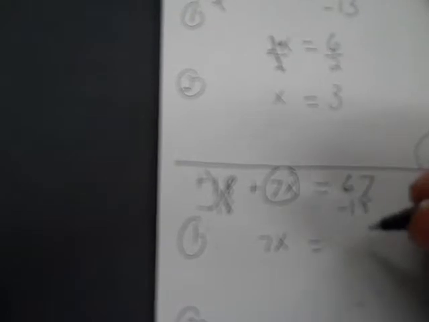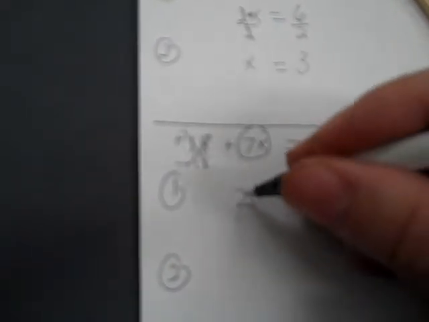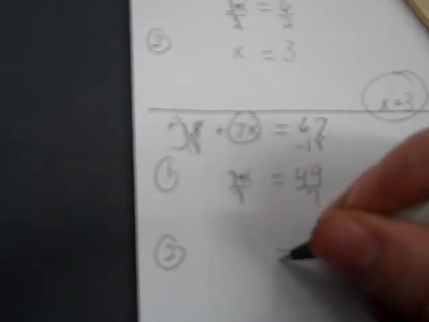And 67 minus 18 is 49. So I put 49 here. So I dot him, and I know I need to divide by 7. So I have just x, and then 49 divided by 7 is 7. So the number we didn't know is 7.